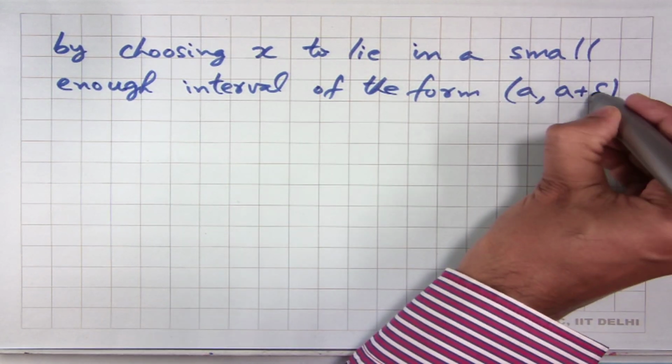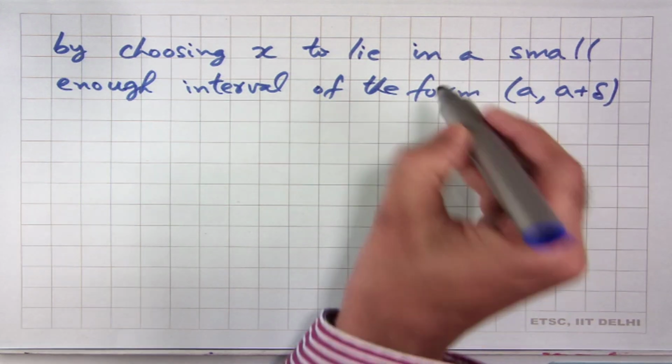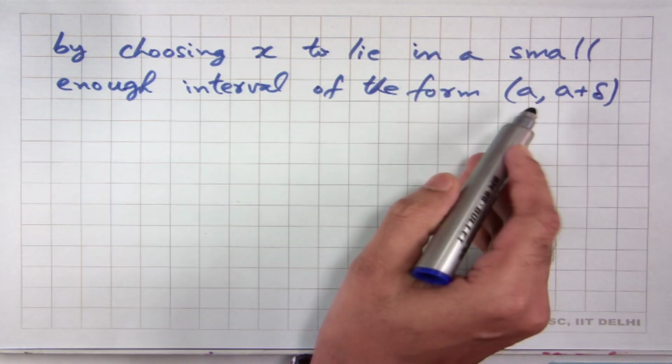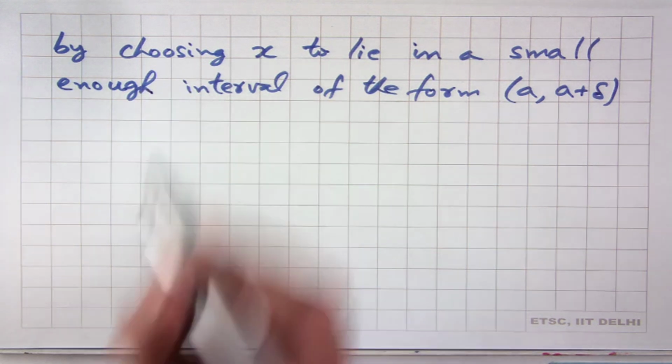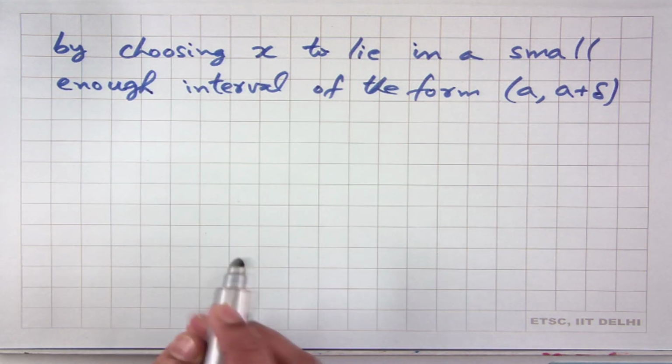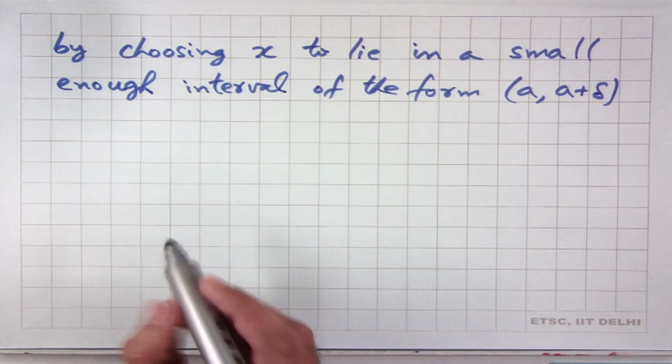So, this is called the right hand limit because we are only considering the value of the function in an interval to the right of a, whereas for the left hand limit we are interested in values of x in an interval to the left of a.